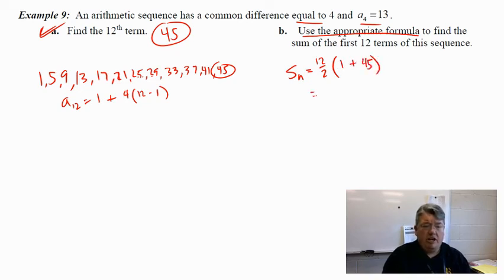Now, once you've written down that formula, if you actually go in your calculator and go 1 plus 5, that's fine, because you can't tell the difference. But you've gone through the trouble to find the formula. Might as well type it in. 12 over 2 times 1 plus 45 gives me 276. You need to memorize the formula. Okay, period. There's no way around it.